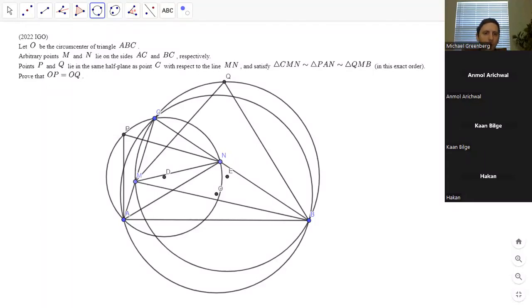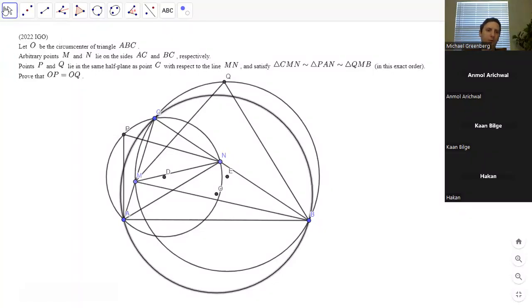Let's think about this. It's tricky. I like the idea of using the powers, but I'm not sure how to continue from there. Actually, maybe that's not so bad.